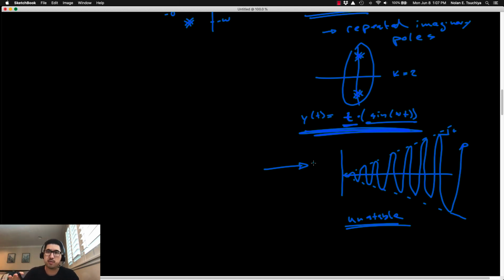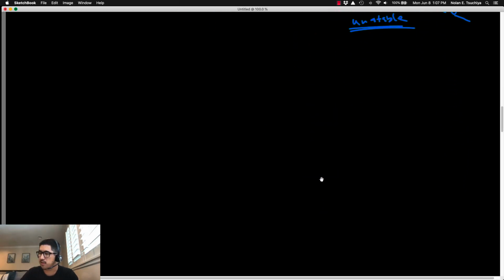So we can summarize everything that we've seen so far in a sort of updated definition of stability pertaining to the system poles. Okay, and that's based on this sort of sketch of the S-plane. So this is the S-plane here. This is where the poles live. It's basically just a complex space.